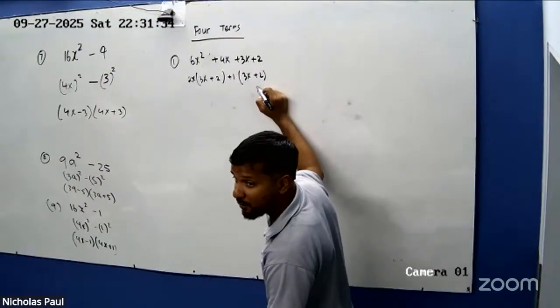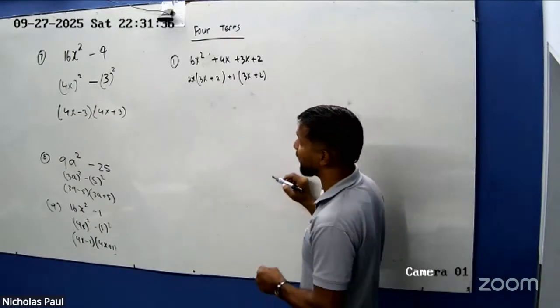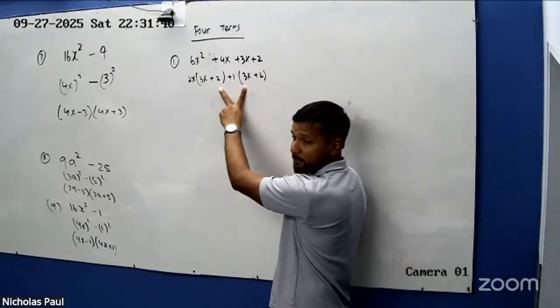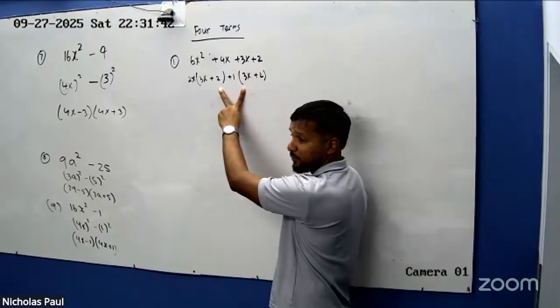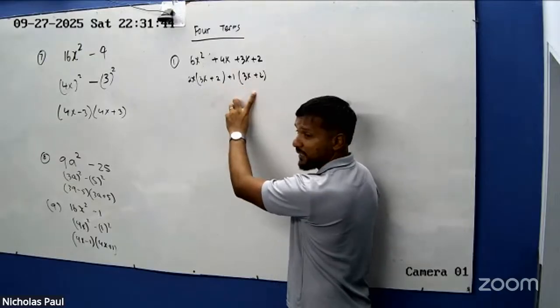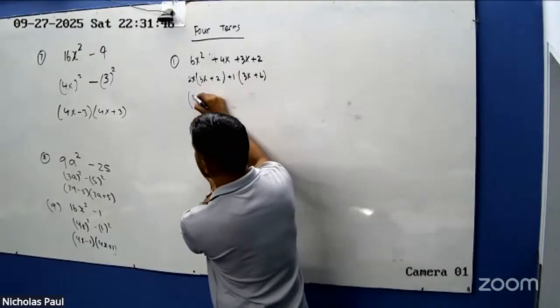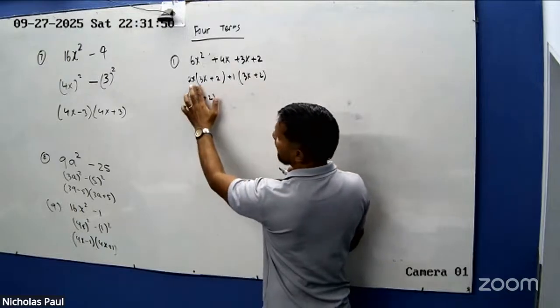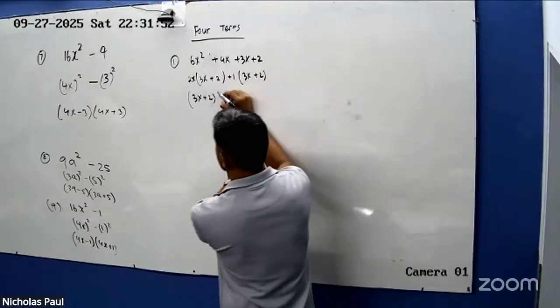Okay with that? Right, here's where the exciting part happens. You'll recognize that these two are the same thing. So what we could do is factor out 3x plus 2, and you're left with 2x plus 1.